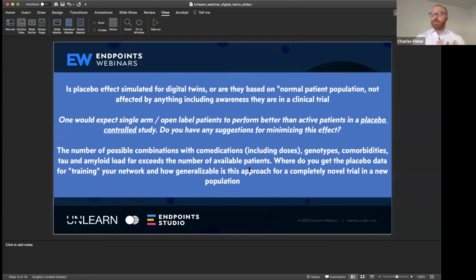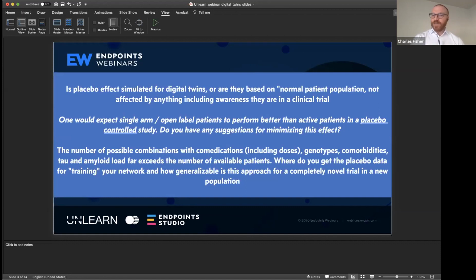But when we're talking about the statistical analysis plan that incorporates the predictions from the digital twins, particularly in a frequentist framework, we can mathematically guarantee that even if the model were terrible, and again, it's not, it would not mess that trial up. So it's not just the property of how good the model is, it's a property of the way we perform statistical analyses to incorporate the predictions of the model into the trial.